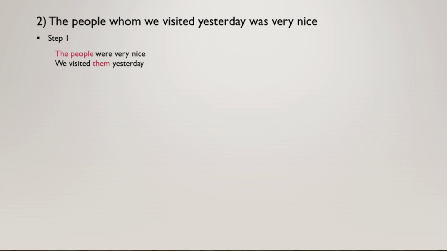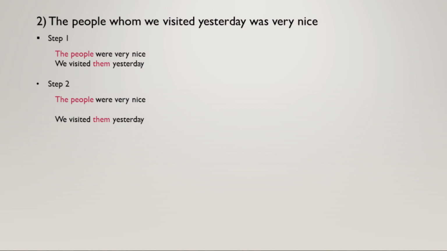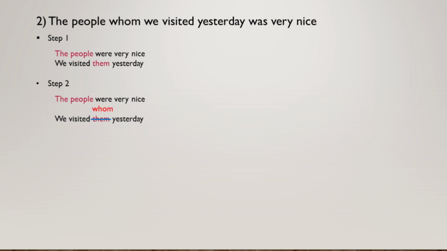So we are going to make the second sentence the adjective clause. So replace the repeated noun or pronoun with the correct relative pronoun. So what relative pronoun should we use? The information is that it is a person and an object. Yes, that's right. Whom.